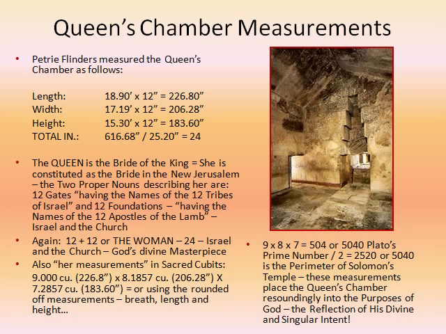Or using the rounded off measurements, the breadth, the length, and the height, we discover 9 cubits times 8 cubits times 7 cubits equals 504, or 5040, Plato's prime number, divided by 2 is equal to 2520, or 5040 is the perimeter of Solomon's temple. These measurements place the Queen's Chamber resoundingly into the purposes of God, the reflection of his divine and singular intent.